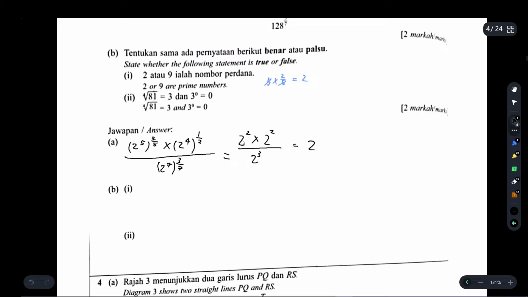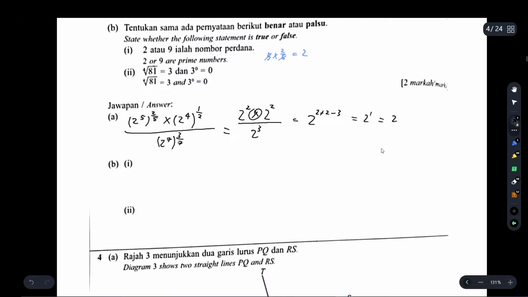It shows that 2 power 2 multiplied by 2 power 2. The multiply sign means we add the powers, so the power of 2 plus the power of 2. And the division sign means to subtract. So it's 2 power 2 plus 2 minus 3, and that gives us 2 power 1. I'm going to write it at the side here. And 2 power 1 gives us 2. So the answer is 2.